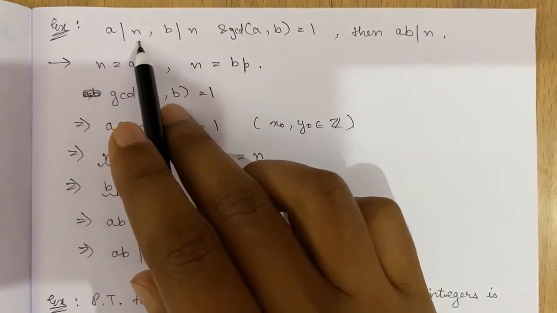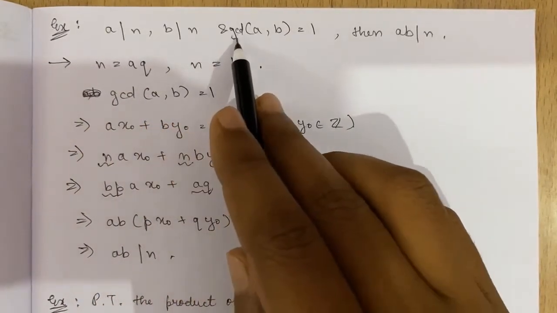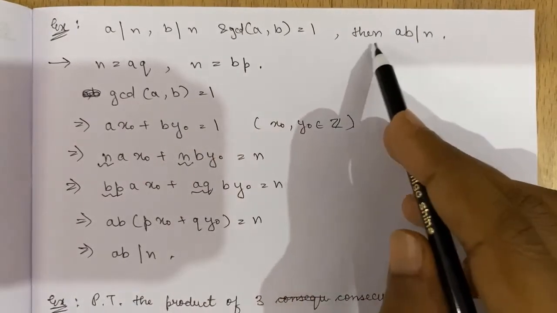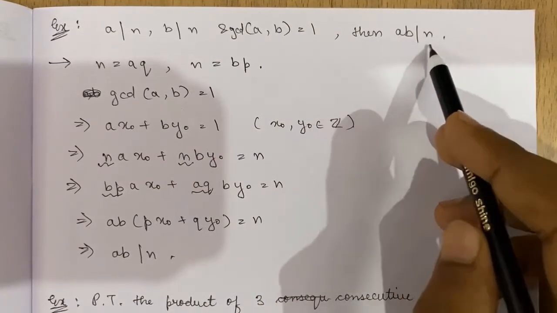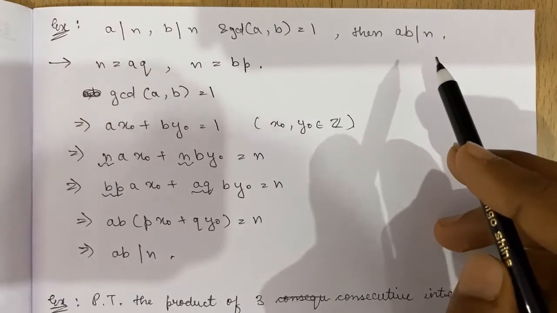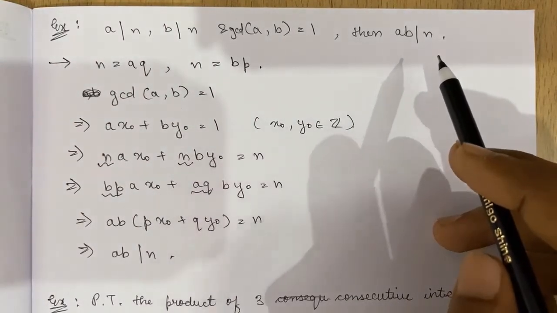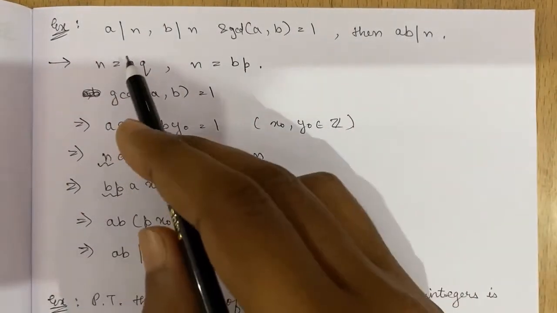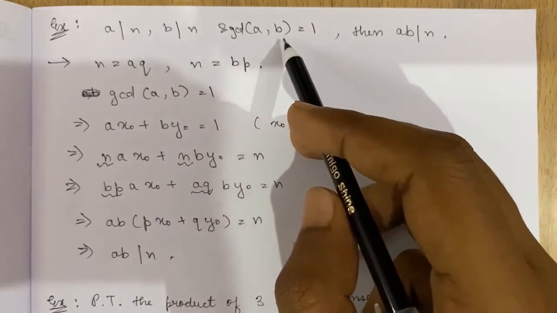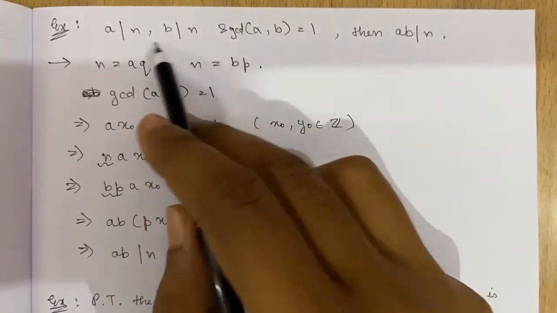Let's look at this property. If A divides n and B divides n and the GCD of A and B is 1, then the product AB divides n. This is not true in general. If the GCD of A and B is not 1, then this property may not hold.